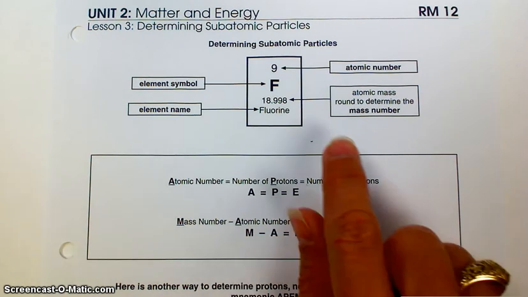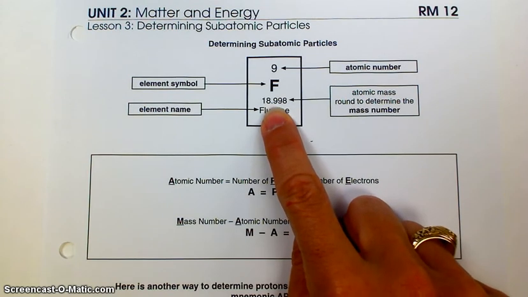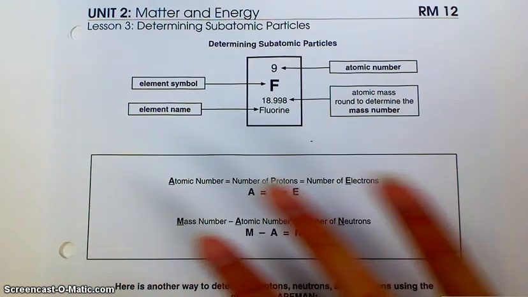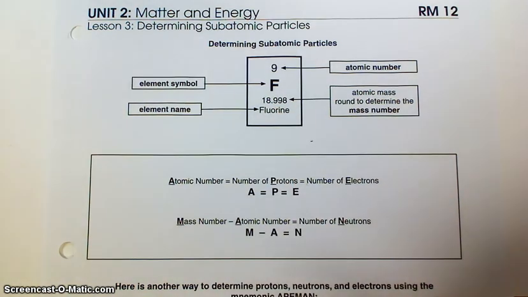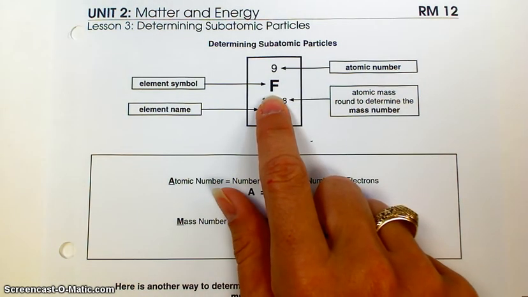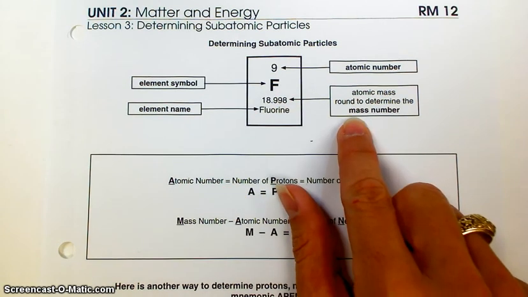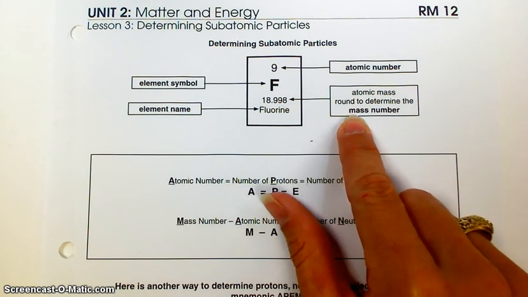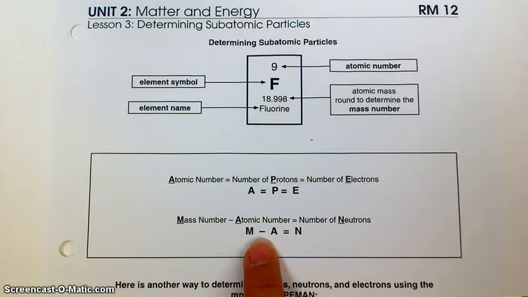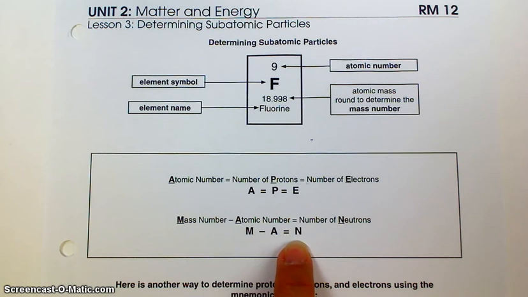And remember, this number up here with all the decimals, technically that's called atomic mass, and that's like the average mass number for all of the different isotopes of this particular atom. We would need to take that and round it off to the nearest whole number to get mass number. Okay, so for instance, if we were working with it down here, we would say 19 minus 9 gives us 10.